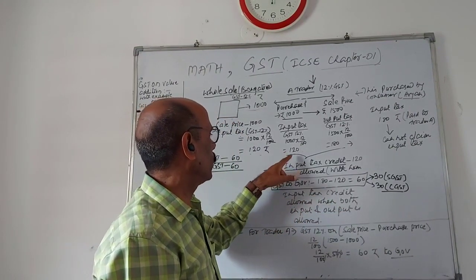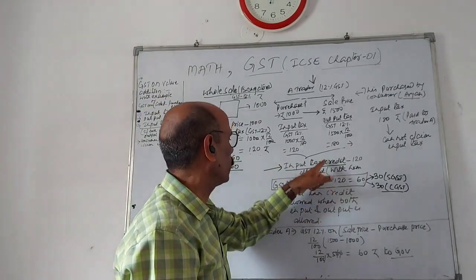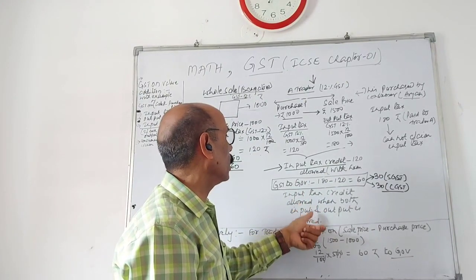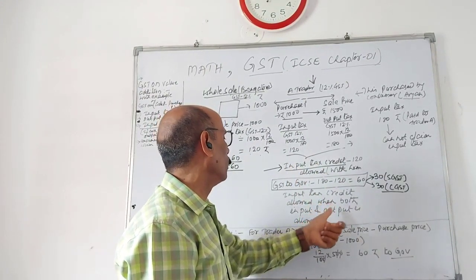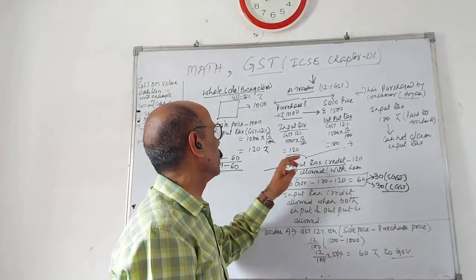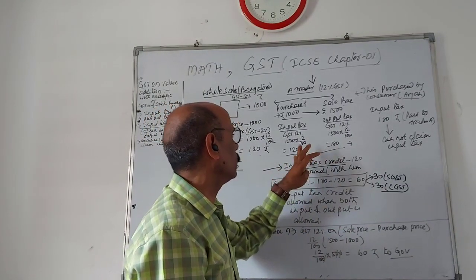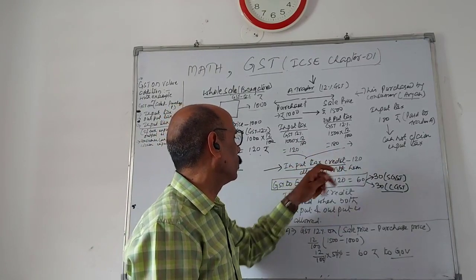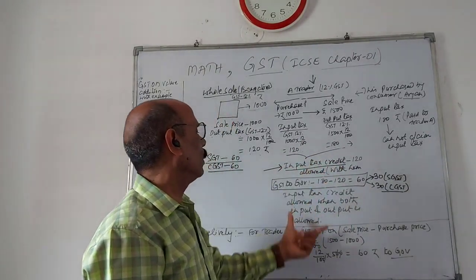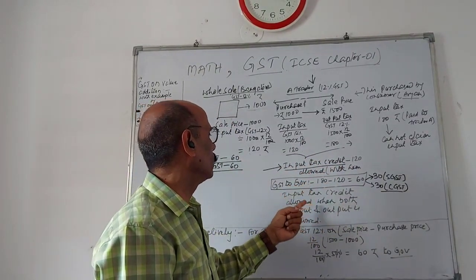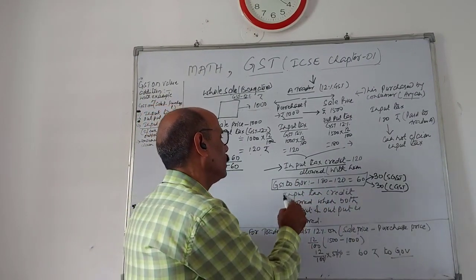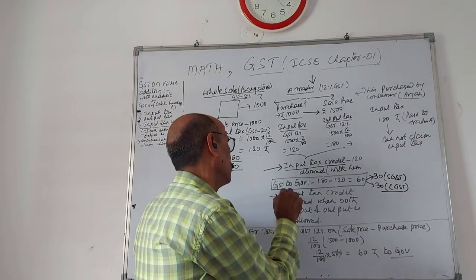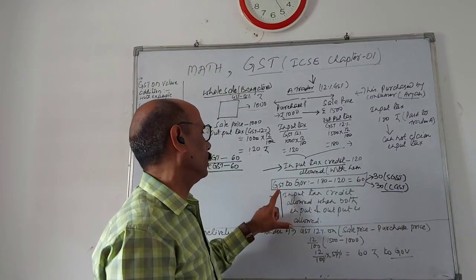Here, input tax credit to the same trader's account is allowed when both input and output tax have been levied, means both purchasing and selling. Then only input tax credit, ITC, is allowed. Okay, keep this in mind.